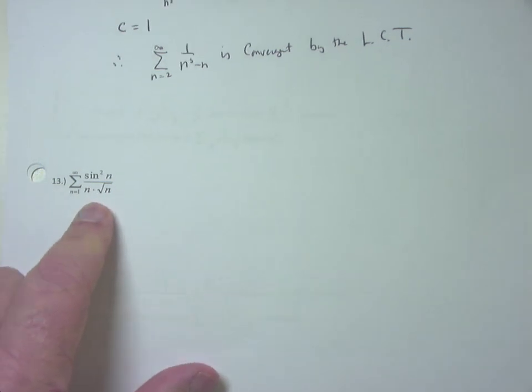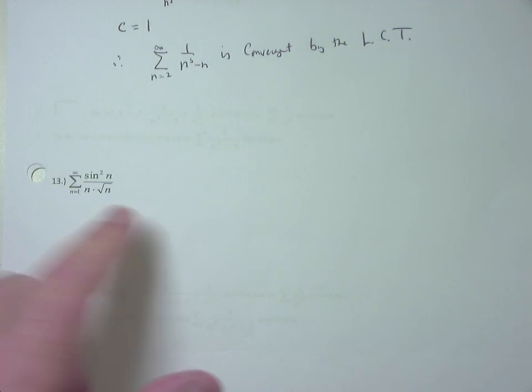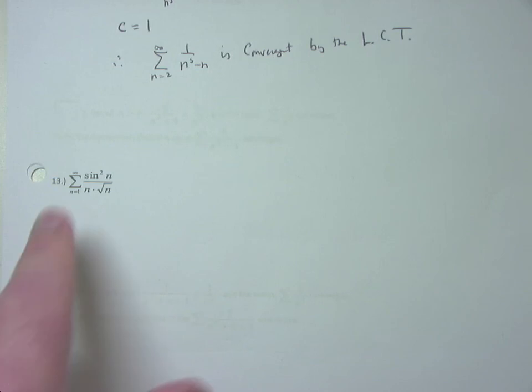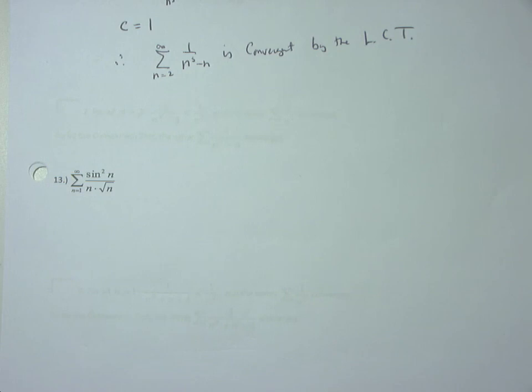Because one, who are you going to compare to? And number two, when you take your limit, your problem is going to be the limit as n approaches infinity of the sine squared of n. That's going to bounce somewhere between 0 and 1, and it doesn't converge. So I'm not going to get an actual C number out of this, so I can't use the limit comparison test.